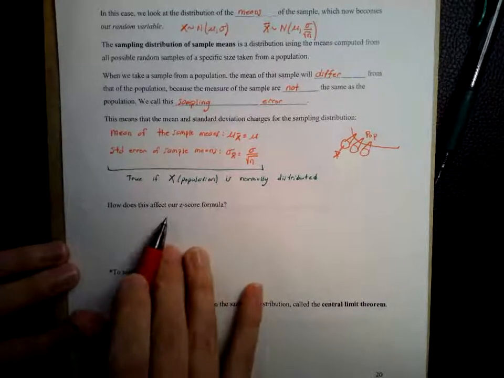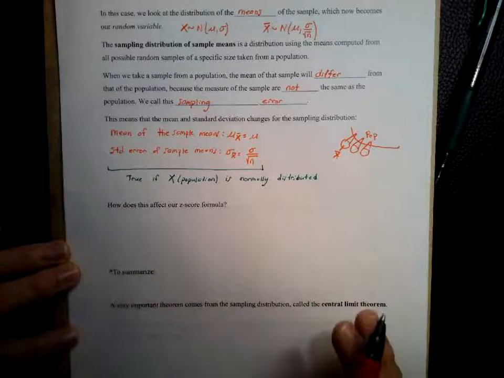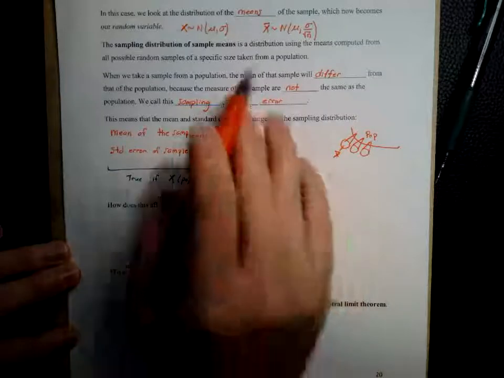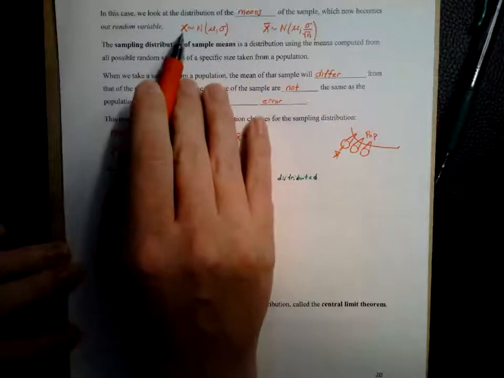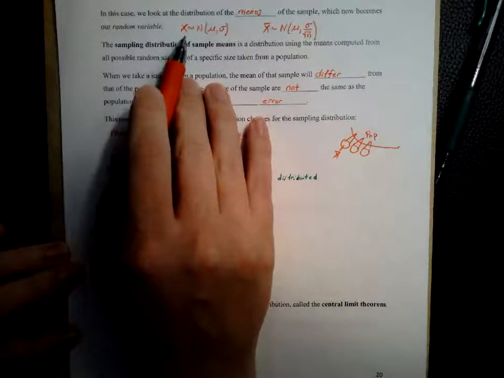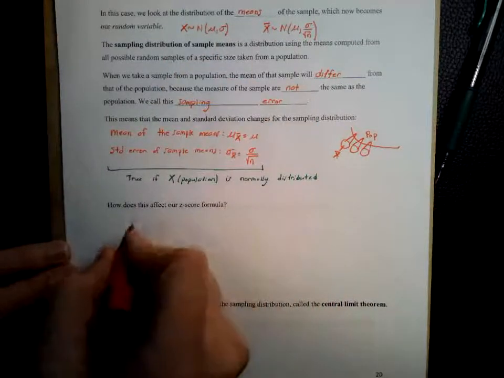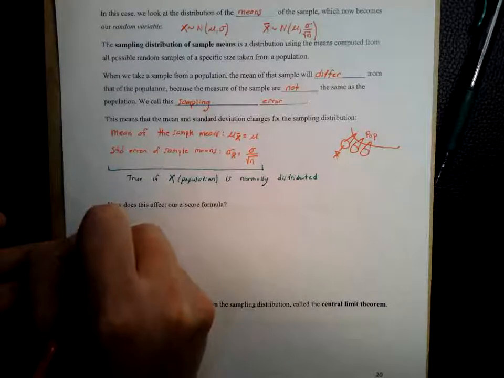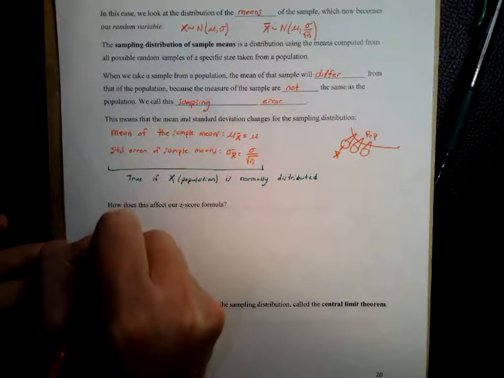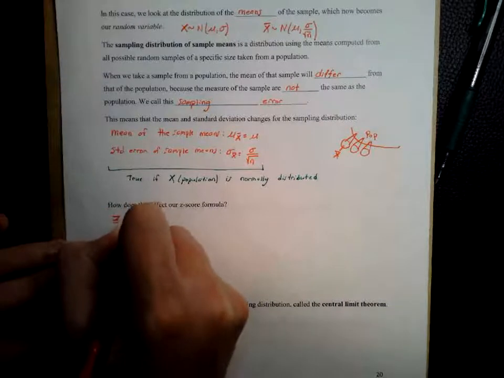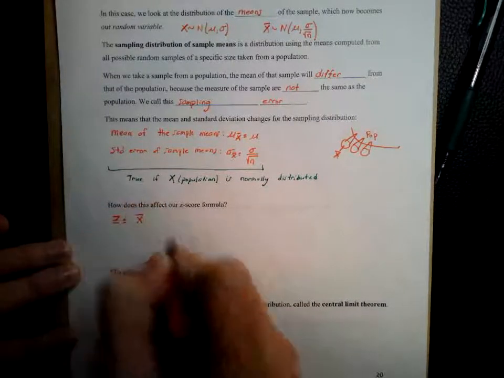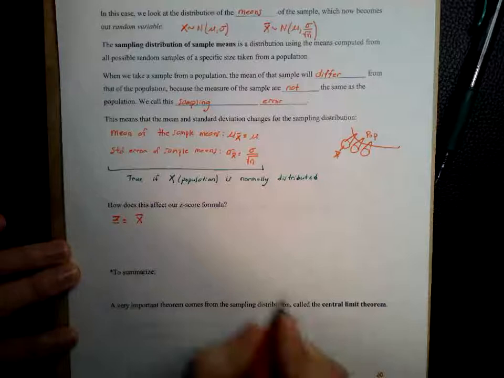Now, how is that going to affect our z-score formula? Remember from the previous section, we had z equal to the data value we're looking at, x, minus the mean, divided by the standard deviation. Using that same idea here, the data value we're looking at is actually a sample mean. So this is the given sample mean that you're interested in.